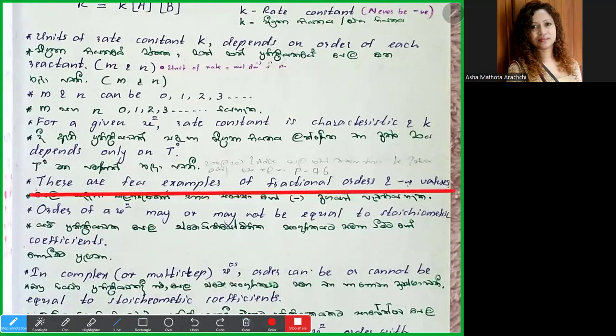Next point, there are few examples of fractional orders and negative values.